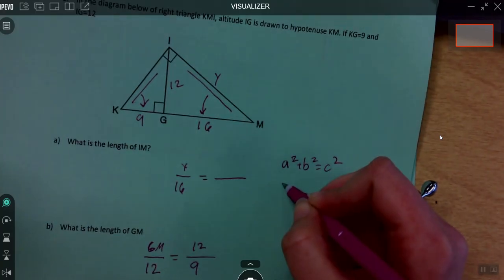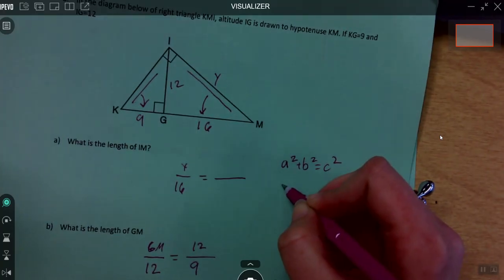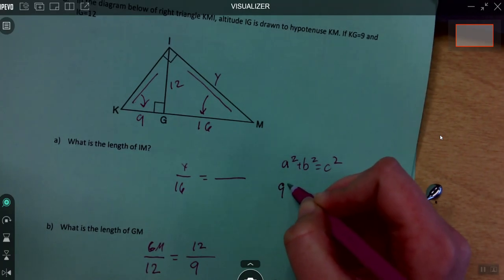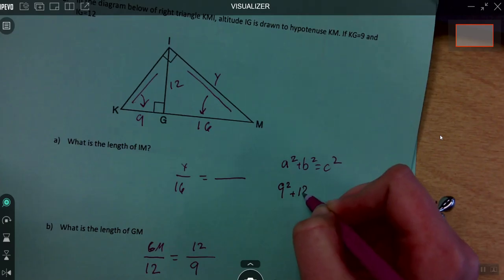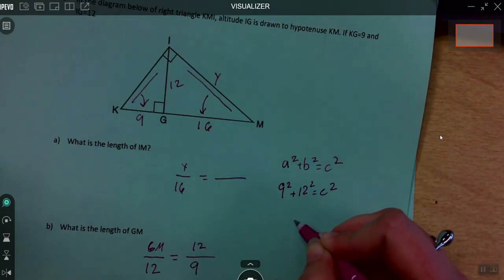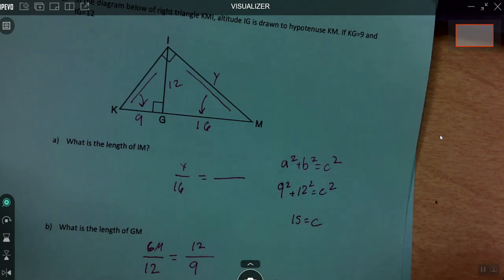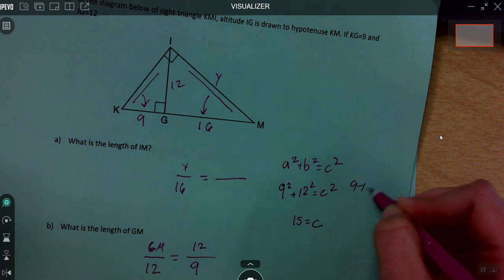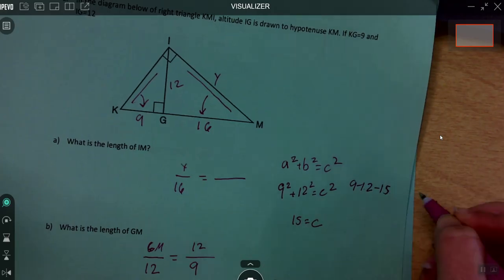So this would have been what? It is 9 squared plus 12 squared equals c squared. You should have gotten 15 equals c. That's actually a triple, which we're going to talk about on Tuesday. So this length was 15.